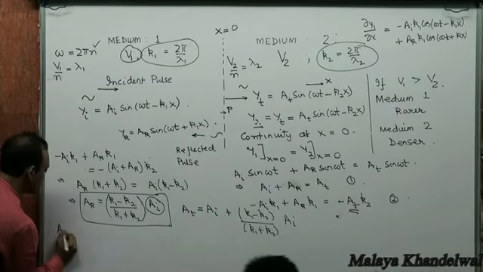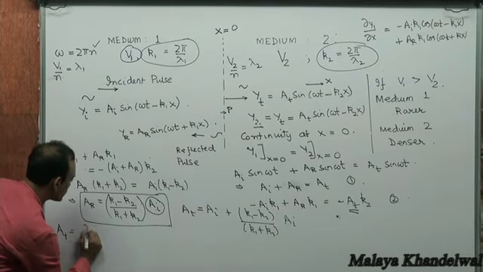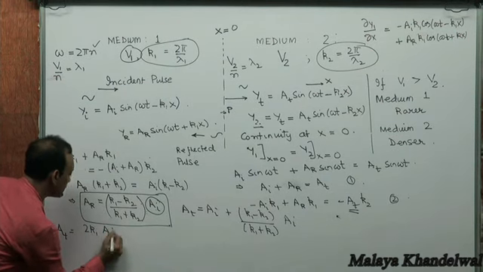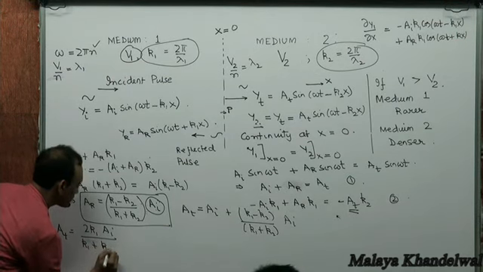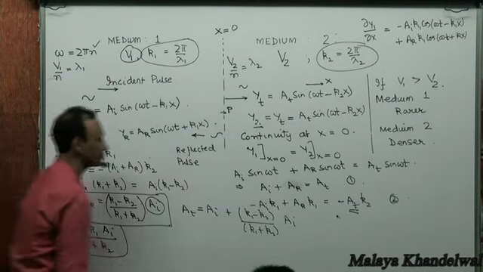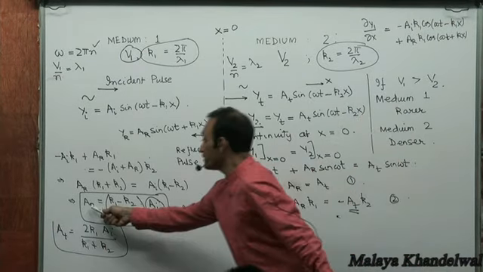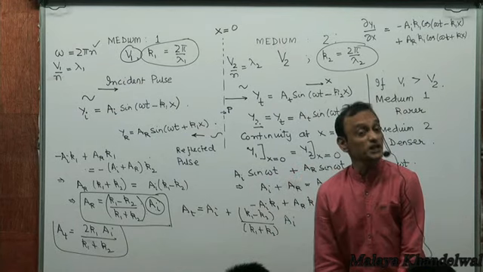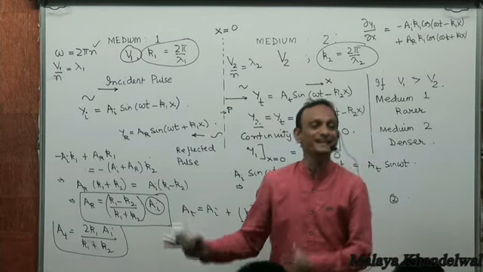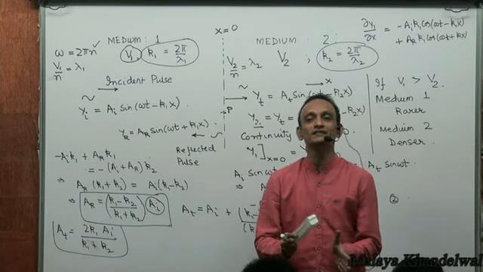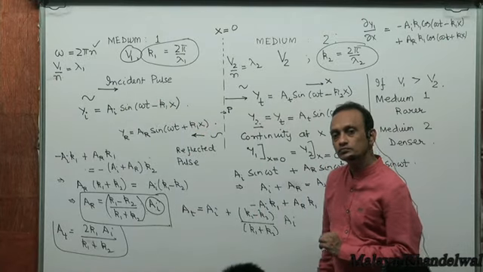So that gives me At equal to, k2 will get cancelled, 2k1 Ai by (k1 plus k2). Yes or no? Do you understand what I did here? I solved for the amplitude of the reflected pulse and the amplitude of the transmitted pulse in terms of the amplitude of the incident pulse, given k1 and k2, the wave numbers of the two waves in medium 1 and medium 2. Yes or no?